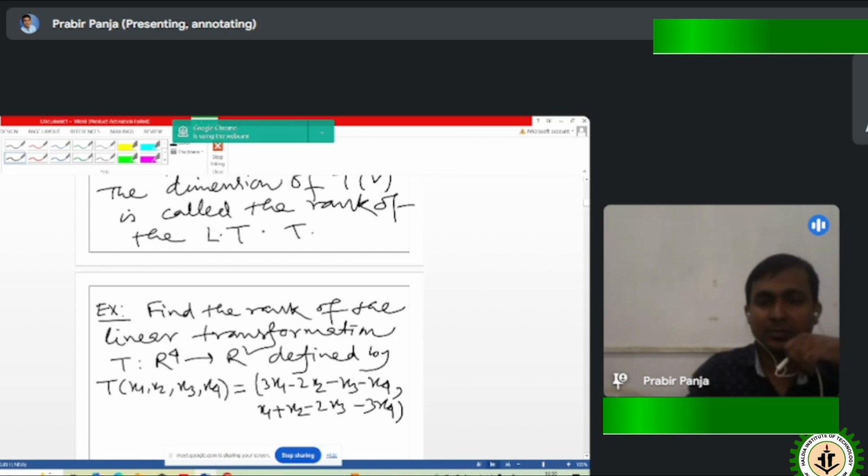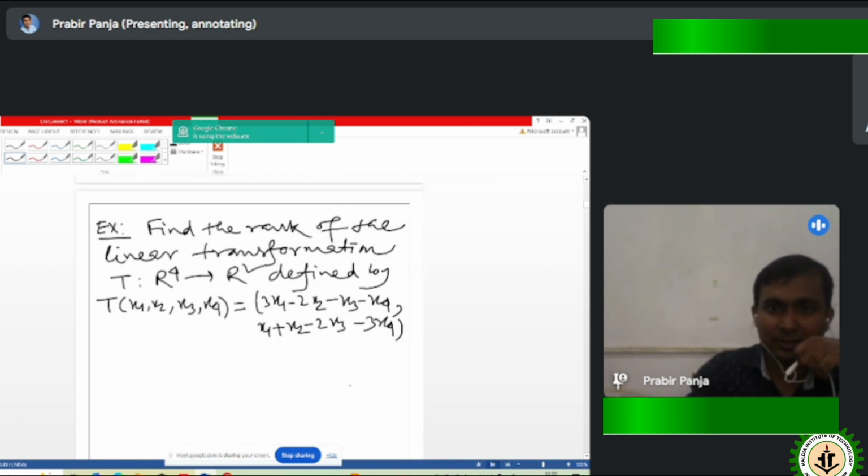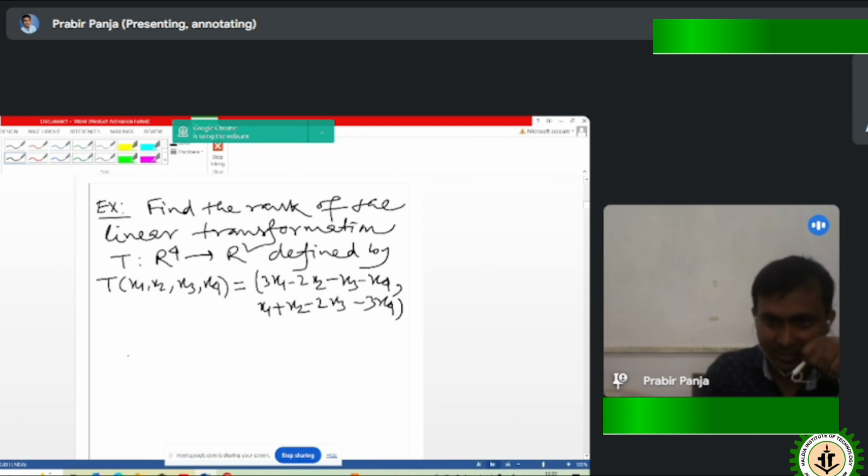So we'll try to find the rank of the linear transformation given here.